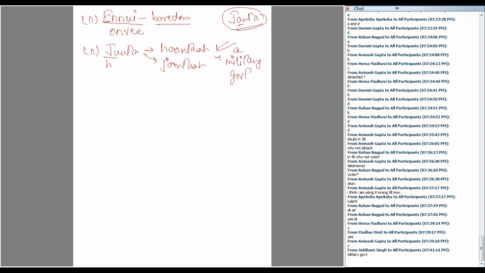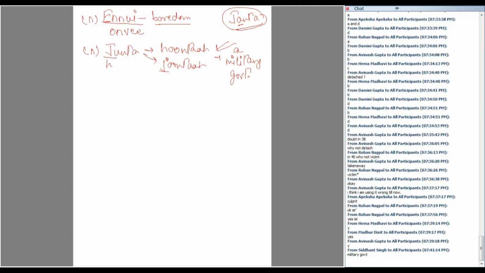But this word is junta. It should be pronounced hunta because in Spanish J is H. But many people still insist on pronouncing it as junta. The more acceptable pronunciation is hunta. Remember that. It's a military government.